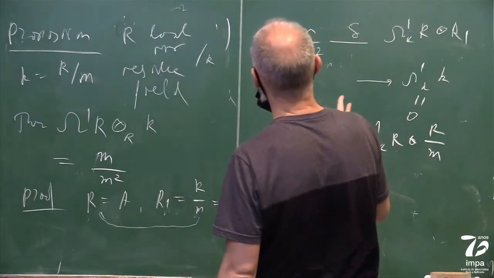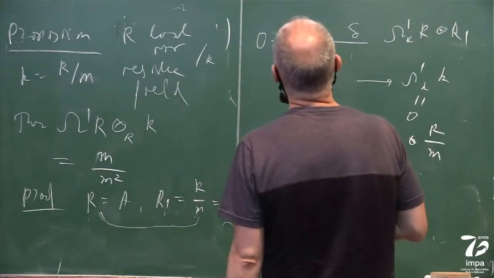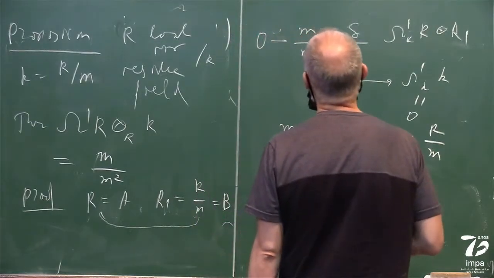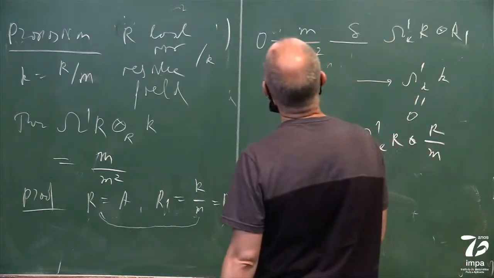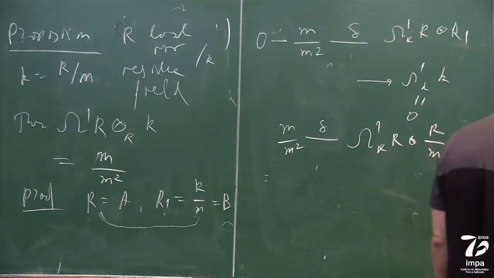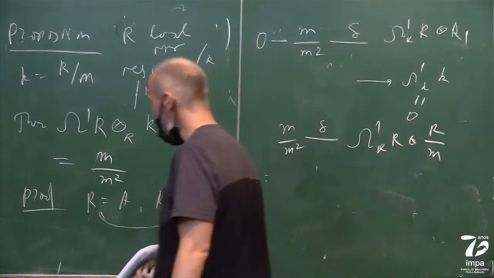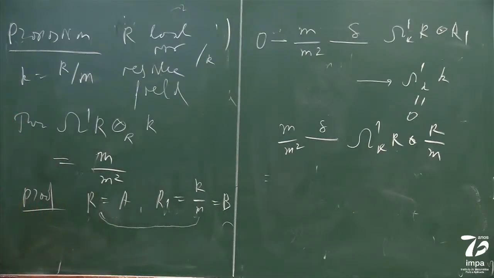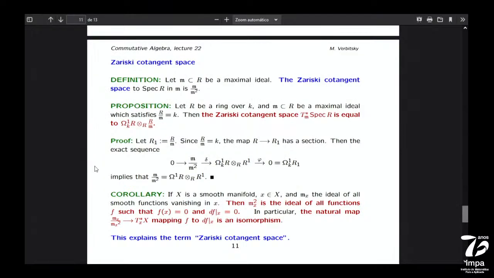So there is a corollary which is immediate. In a sense it's a corollary, but in fact it's very straightforward. So, corollary. You have X a smooth manifold.